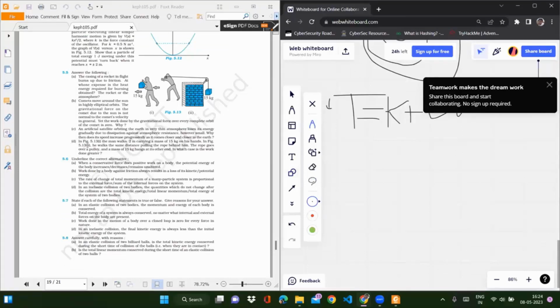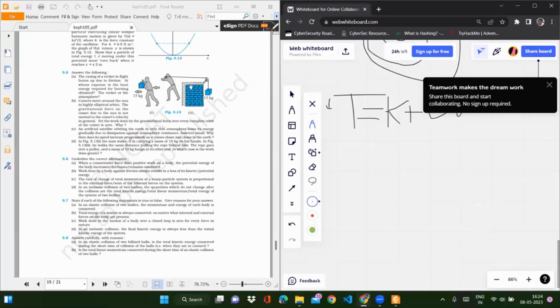Now we have in part D that a man walks 2 meters carrying a mass of 15 kg in his hands, as shown in the figure. He's holding a 15 kg mass and moving through a displacement of 2 meters.